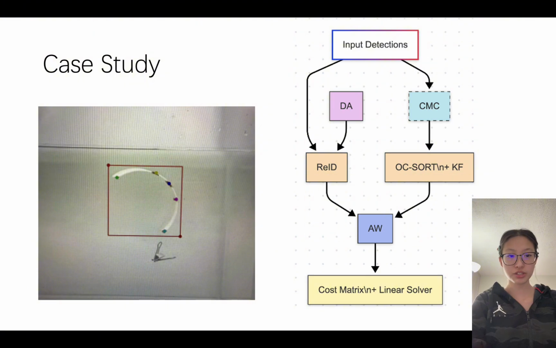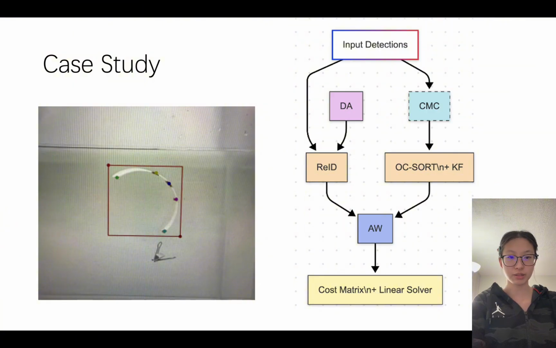The bounding box shows the detected object region in the left image, while the key points describe its internal geometry. Now let's look at the right side, which shows the tracking pipeline implemented in the code. I use YOLOv8 for the detection and StrongSORT for the tracking.